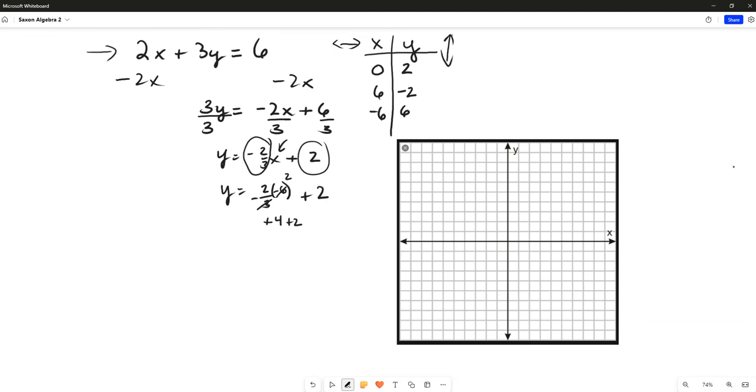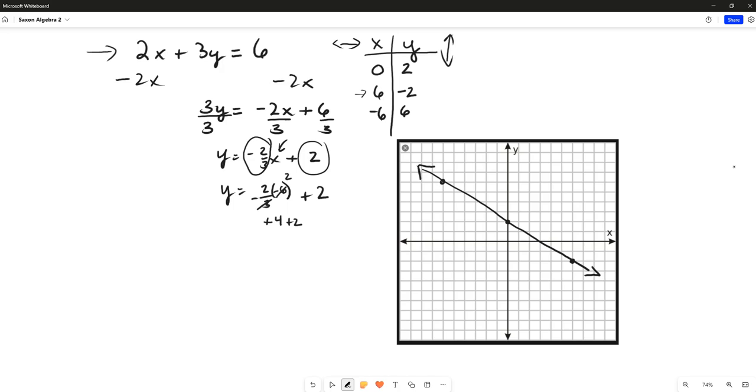I would go 0 to the right or left and go up 2. And then my next one graphs 6 to the right, 1, 2, 3, 4, 5, 6, and down 2. And my third one graphs 6 to the left, 1, 2, 3, 4, 5, 6, and up 6. And there's my straight line.